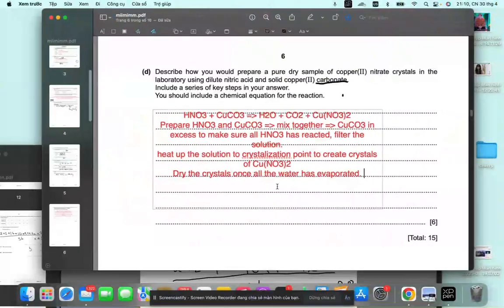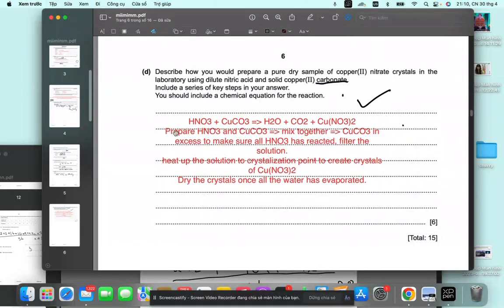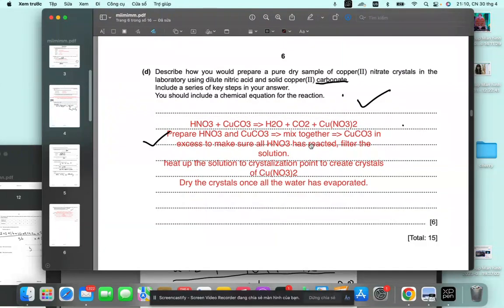Let's check our answer. We have the equation. We have put in excess. We have filtered the solution. We have heated up to crystallization point. 1, 2, 3, 4. We have the formula of copper nitrate, and we also dry. 1, 2, 3, 4, 5, 6. 6 out of 6. Perfect.